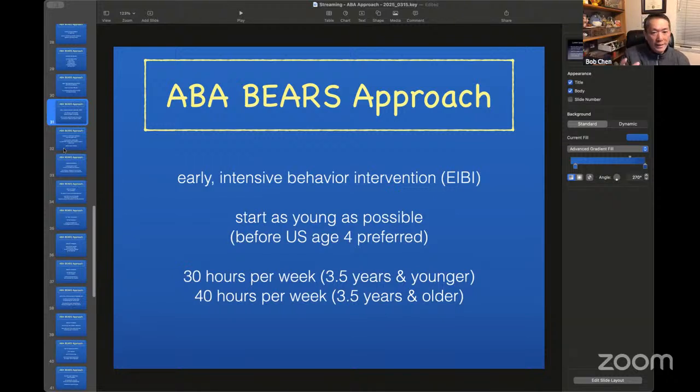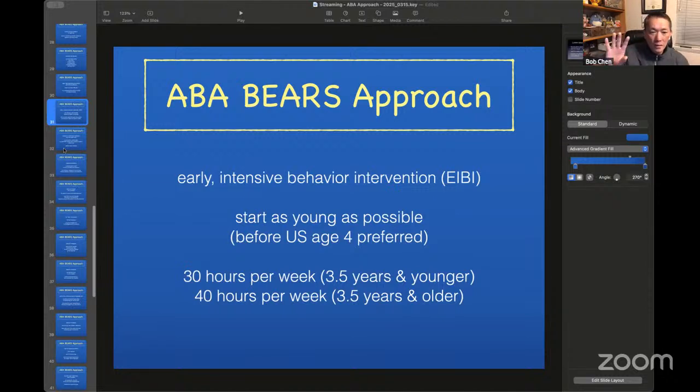We work on teaching a child a variety of play, from puzzles to shape sorters to skateboarding, baseball playing, you name it. We teach everything under the sun. We're a comprehensive program. If your child needs to learn it, we'll find some way to teach it to them. Okay. That's how we approach things.